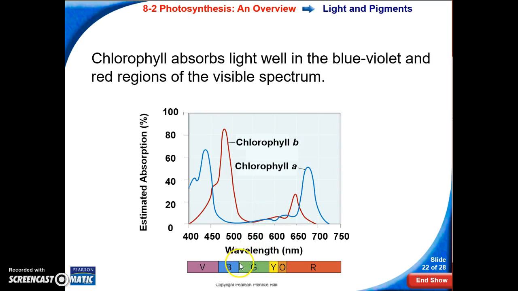And what happens to be in the middle of that is green light. So what that's telling you here, this is absorption rates, is that chlorophyll does not absorb green light. So that green light gets reflected back out of a leaf, and that's why a leaf looks green to us.